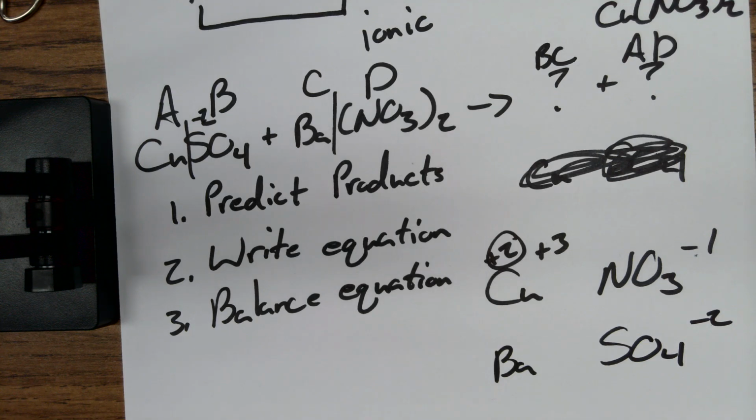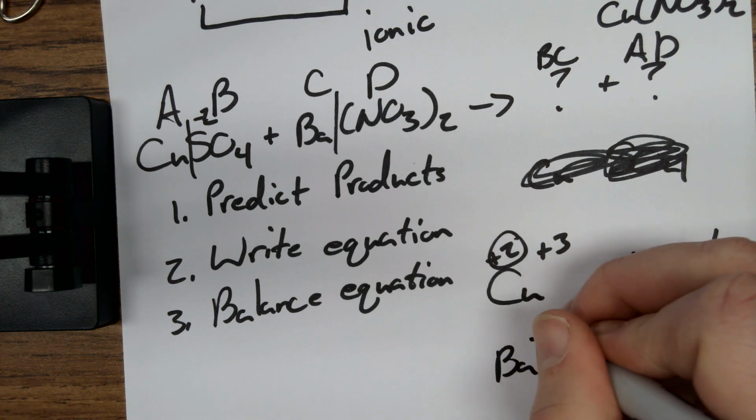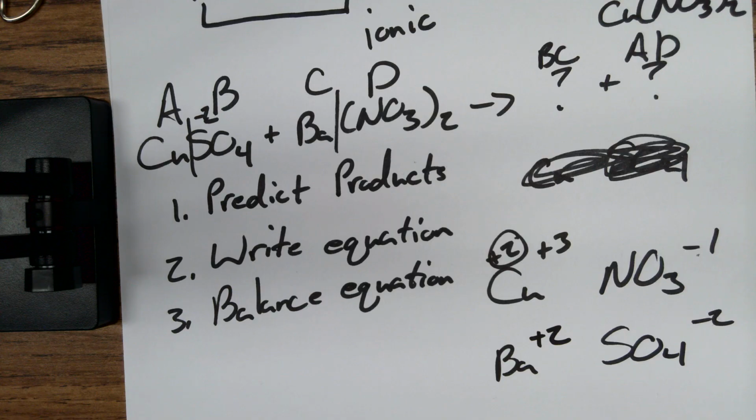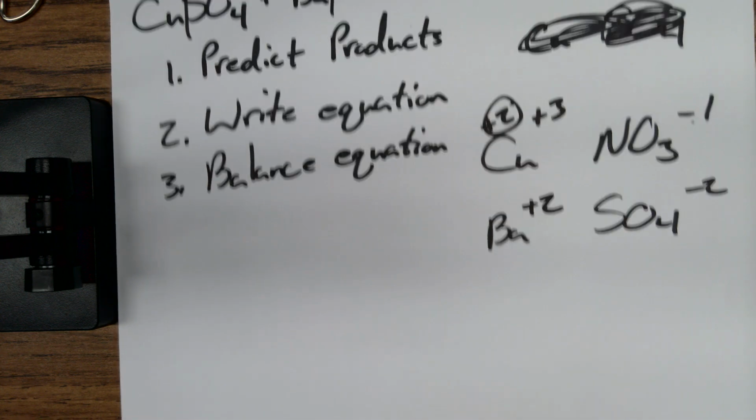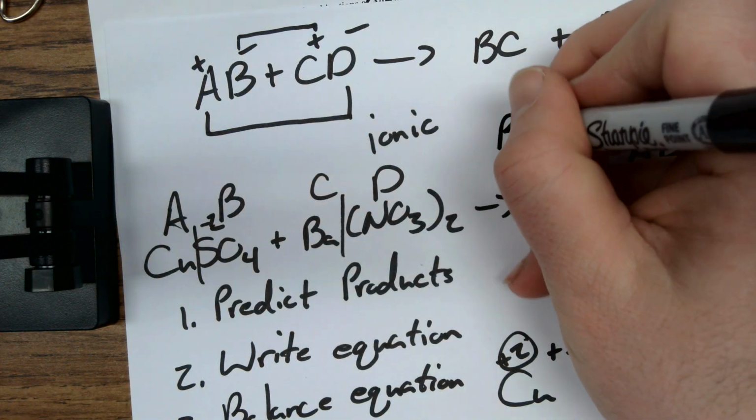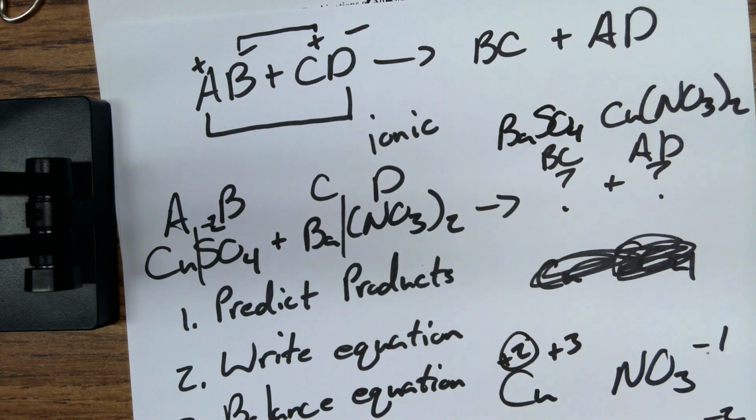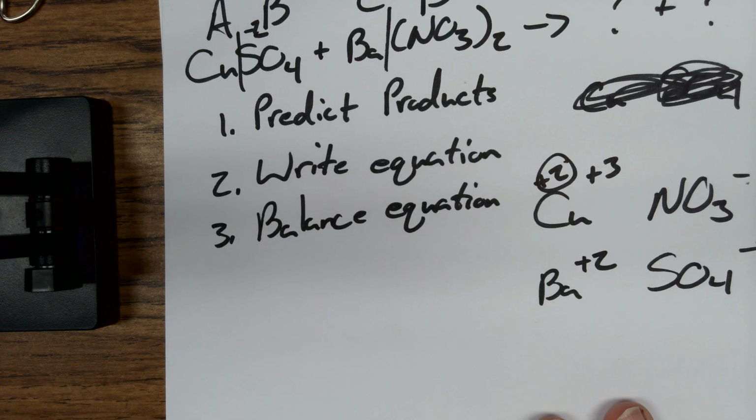You can look at your periodic table and figure that out. Everyone should have one in front of them. It's a +2, right? Barium is the second to last alkaline earth metal, right? Plus 2. Do my charges cancel each other out? Absolutely. So, BaSO4. I have predicted my products.